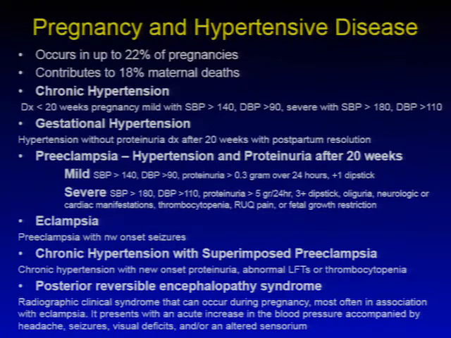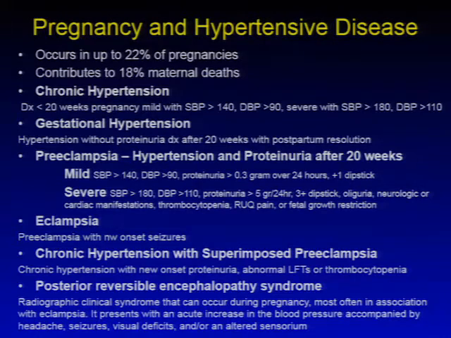Gestational hypertension is hypertension that occurs without proteinuria after 20 weeks of pregnancy, and preeclampsia is defined as hypertension and proteinuria after 20 weeks with the same definitions of mild and severe by blood pressure criteria.